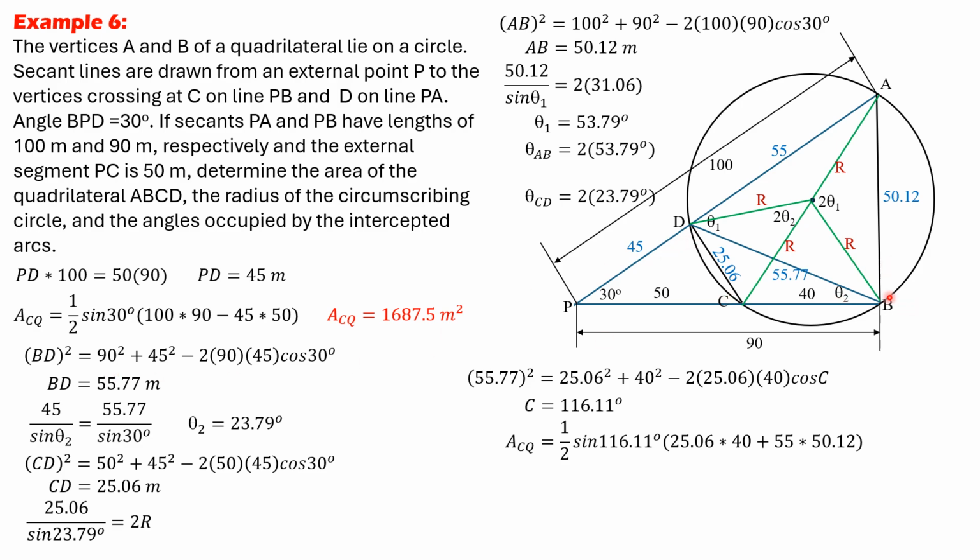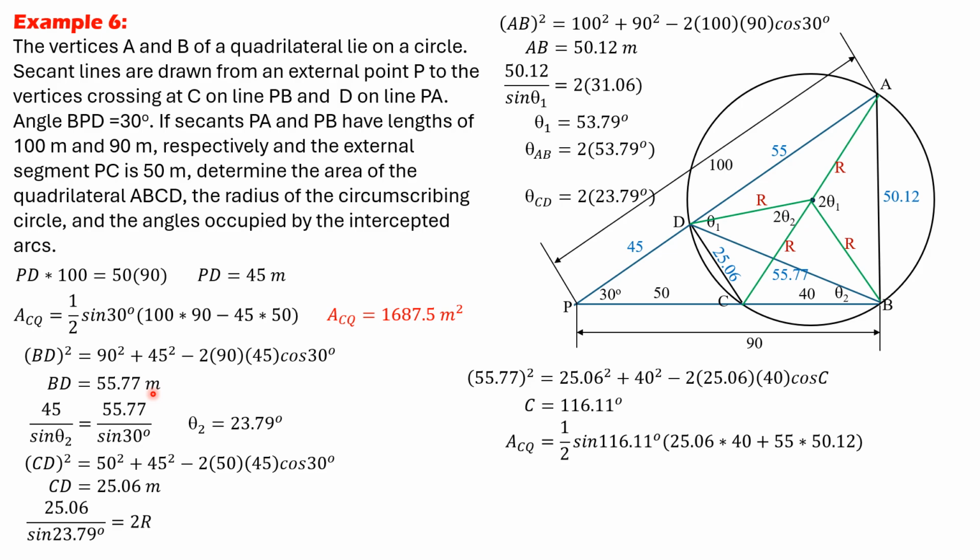So first BD in PDB by cosine law, BD square is equal to 90 square plus 45 square minus 2 times 90 times 45 cosine 30. So BD is 55.77 meters.